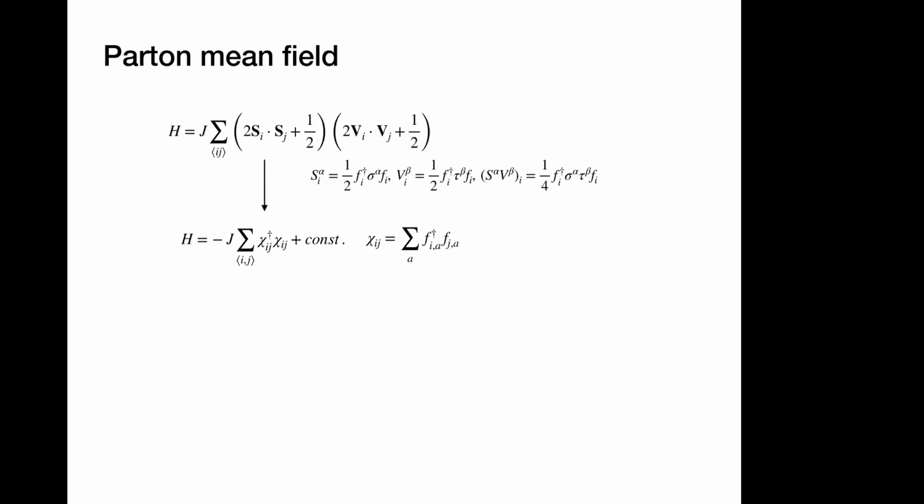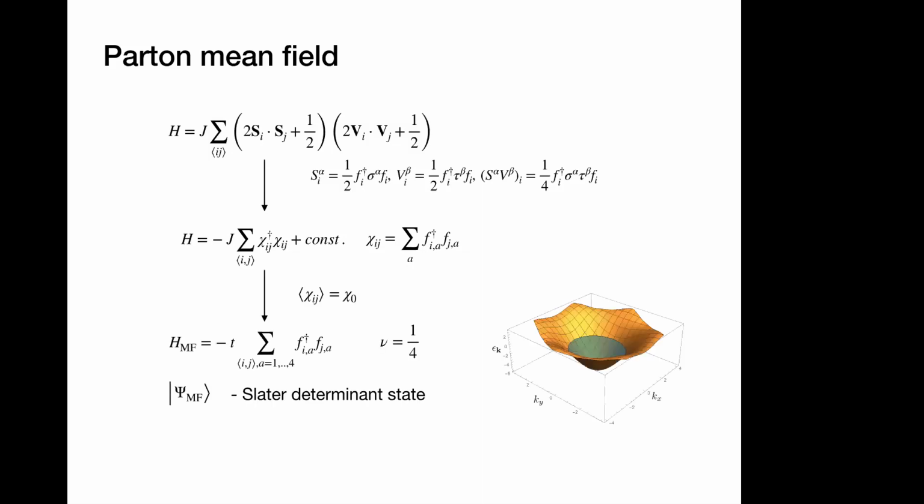A specific mean field decoupling I would like to consider: we know that this Hamiltonian in terms of spin could be rewritten in terms of bond operators as just chi dagger chi, where chi is the bond operator corresponding to the hopping of a fermion between two sites. I could introduce a decoupling in which this chi_ij gets a finite expectation value, and I would like to assume a uniform state where this chi is just uniform.